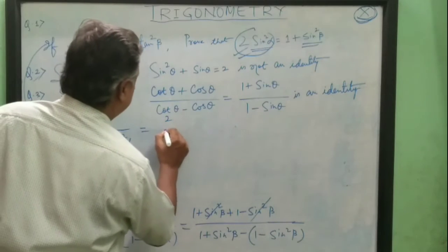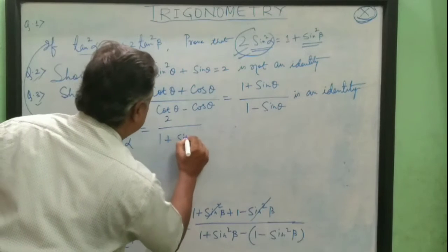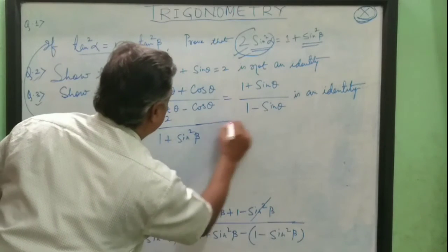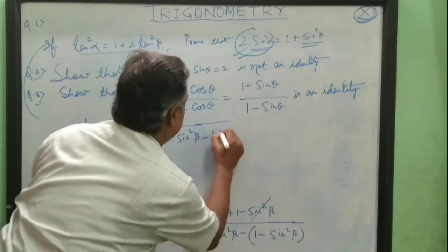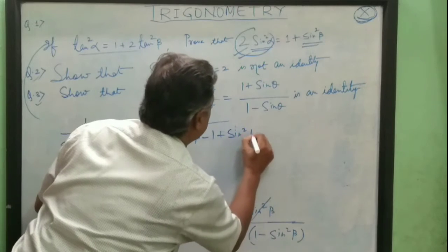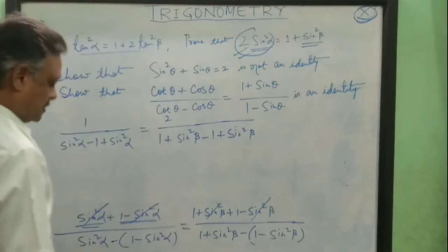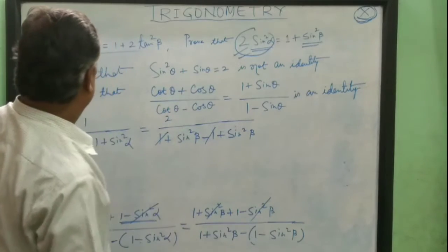So this side 2 by 1 plus sin square beta minus 1 plus sin square beta, minus minus plus sin square beta. So here it is minus 1 plus 1 cancelled.